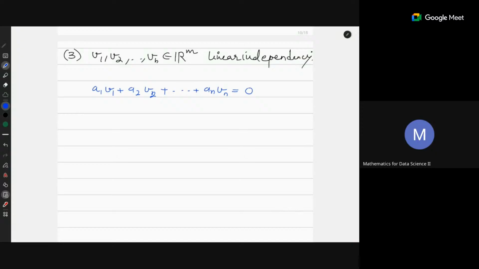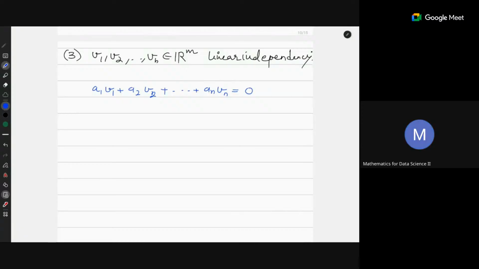Since these vectors sit in R^m and there are n vectors, can anyone tell me how many equations we will get? Right, we will get m equations.